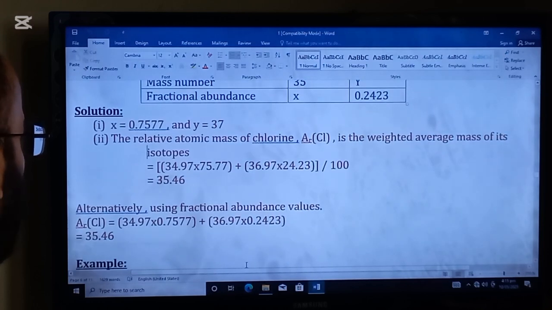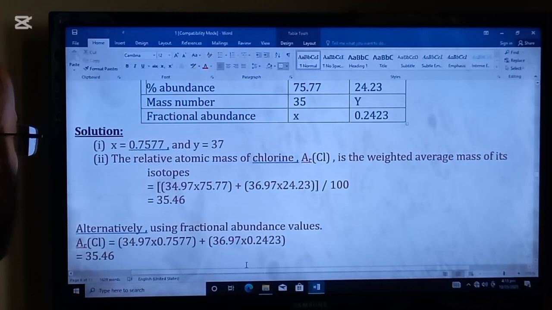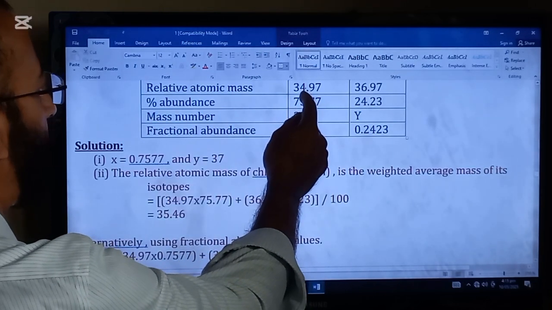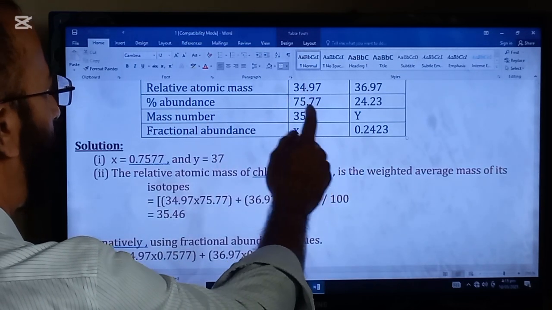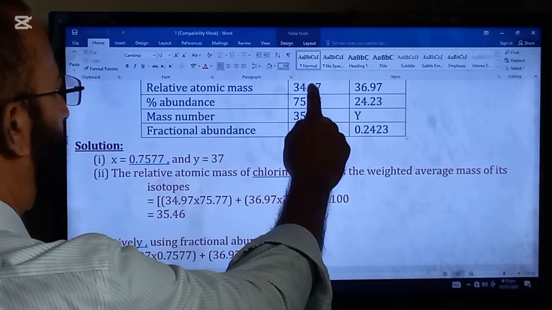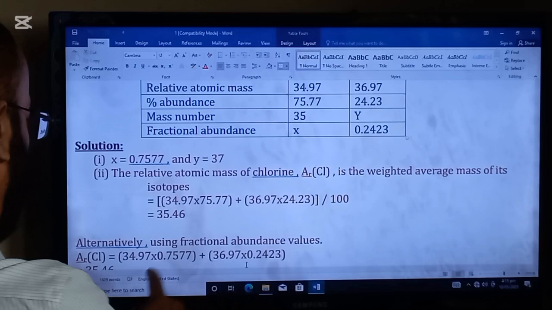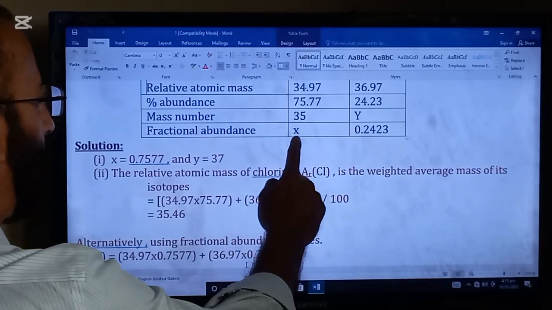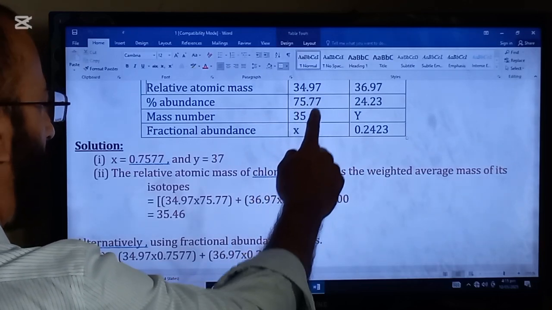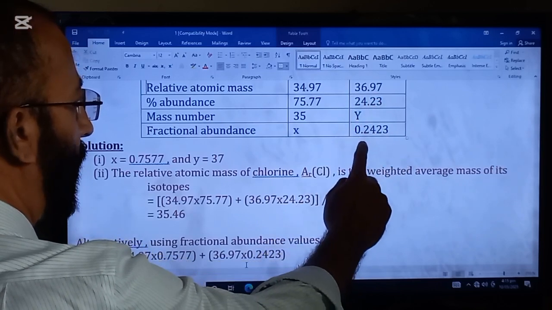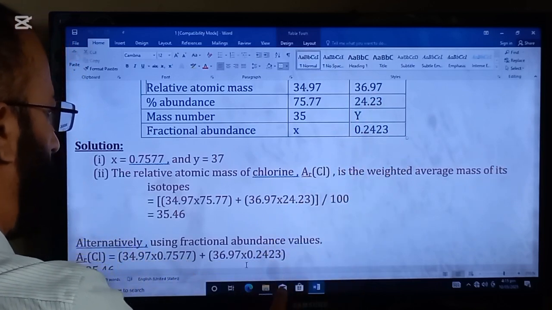Okay, here is another method. If you don't want to multiply the relative atomic mass with percentage abundance, multiply the relative atomic mass with fractional abundance. So 34.97 multiplied by 0.7577 plus 36.97 multiplied by 0.2423.